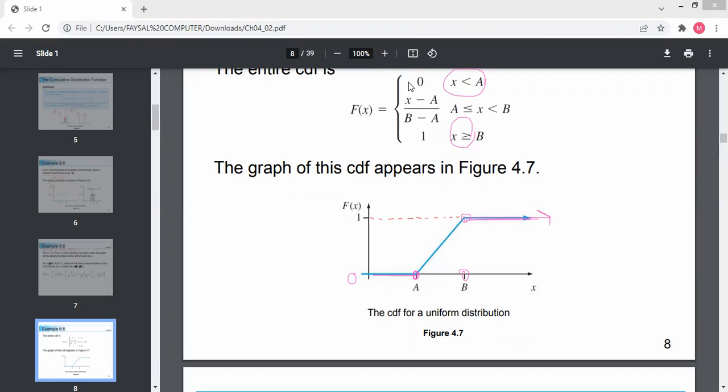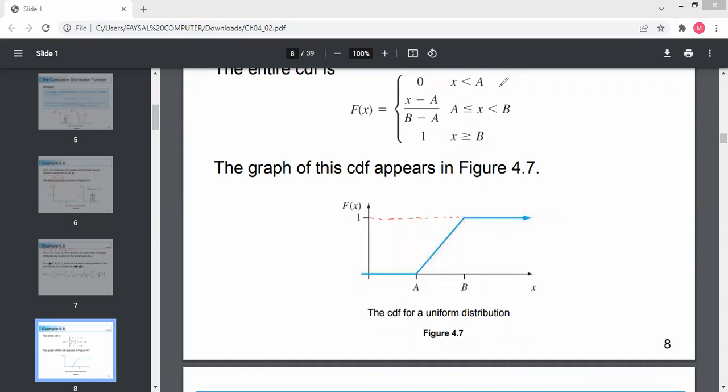And in between, I have this region. This region will be my slope, which will be x minus a divided by b minus a respectively. So this is how we complete our problem.